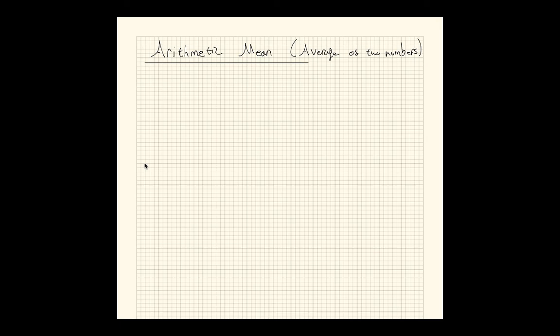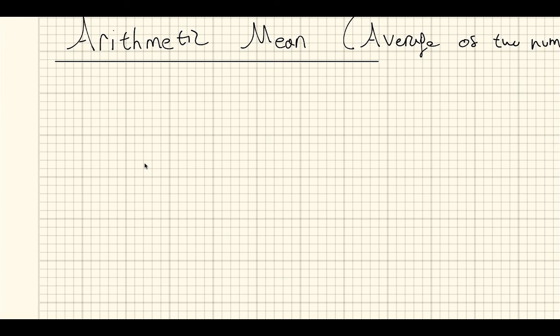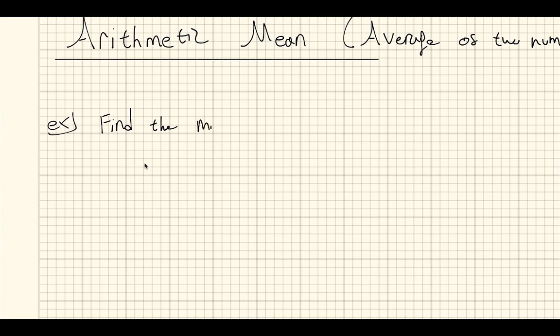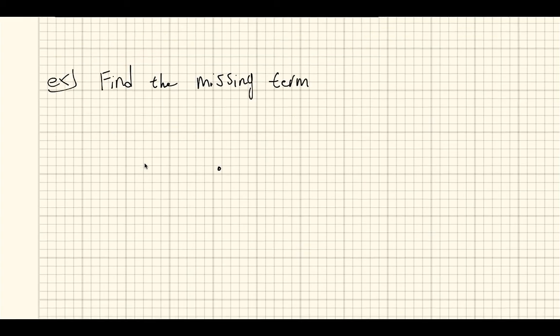For example, find the missing term. Let's say I give you, all right, we have 15. We don't know which number term that is, but that's somewhere in our sequence. We don't know that term, I'll write a question mark.